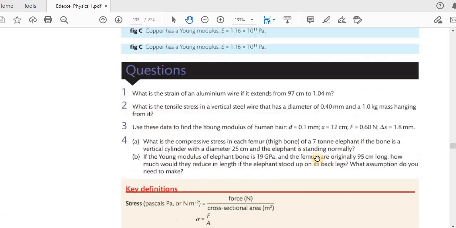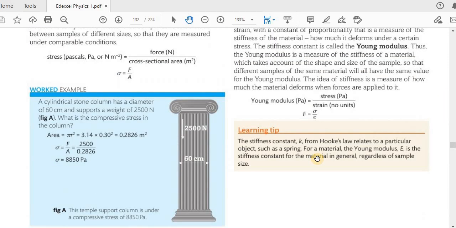But if we look at this here, the stiffness constant k from Hooke's law relates to a particular object such as a spring. So that is what the previous part said. So you see the same word is used for k and also for E, the Young modulus. For a material, the Young modulus E is the stiffness constant for the material in general, regardless of sample size.